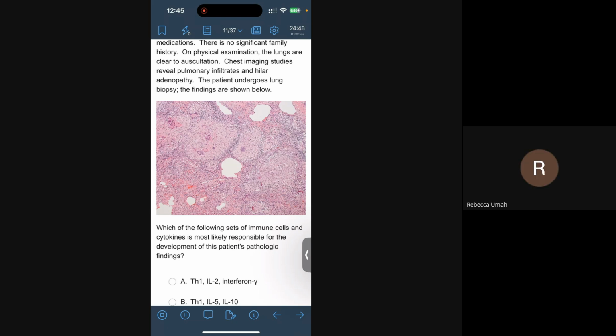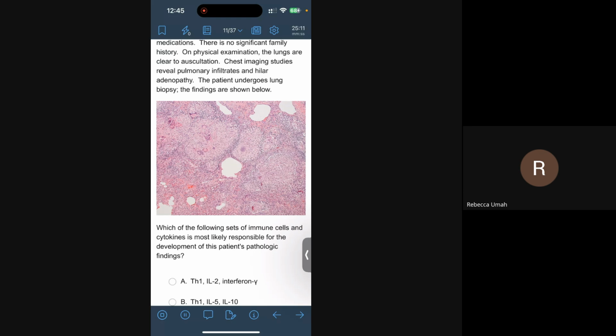IGRA, which stands for interferon gamma release assay. We also see granulomas in TB, and we measure interferon gamma there. So this will help you remember that interferon gamma is involved in the formation of granulomas.